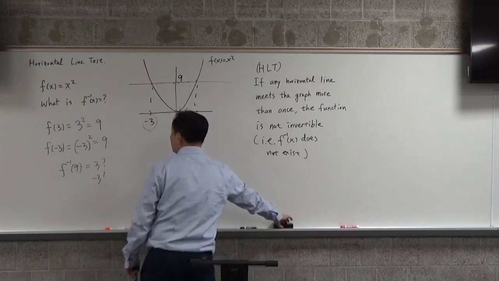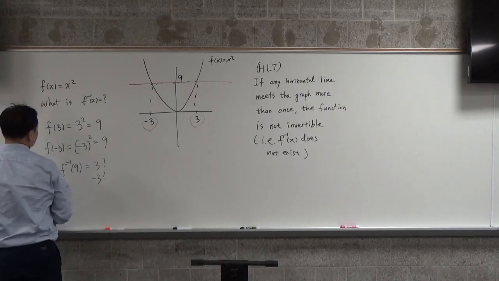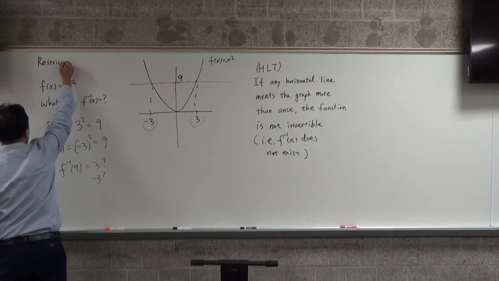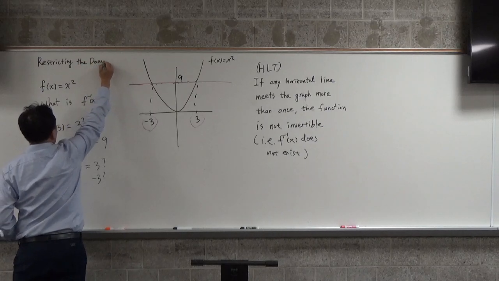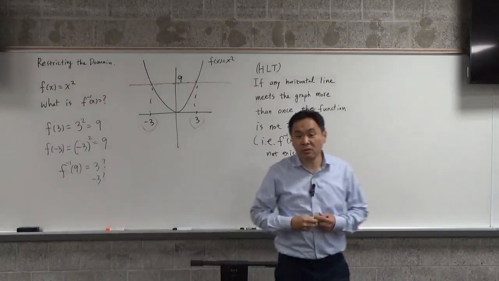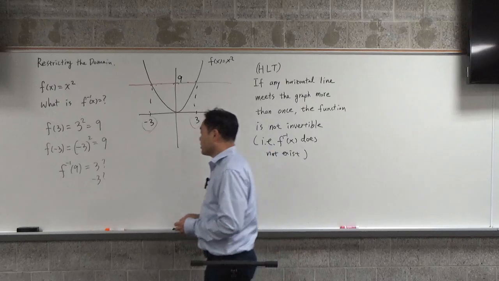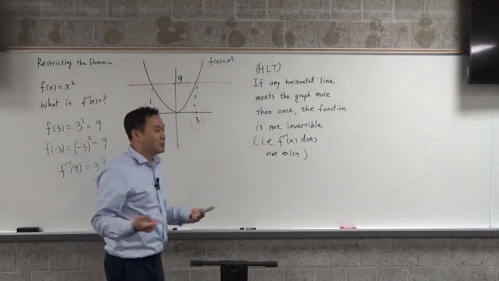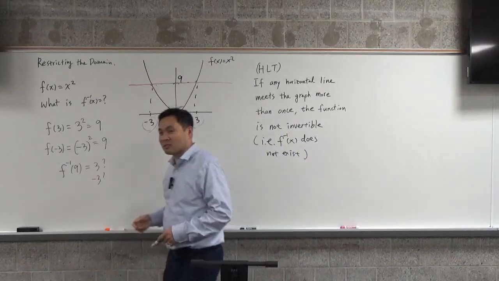All right, so let me move on quickly to the restricting the domain idea. And here's the idea. So let's say some king really wanted this inverse chicken nugget factory to exist.